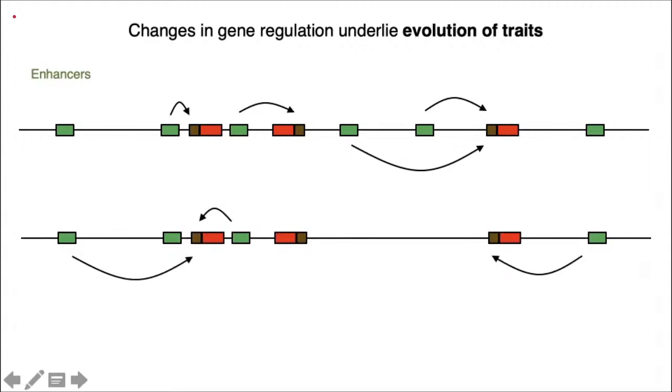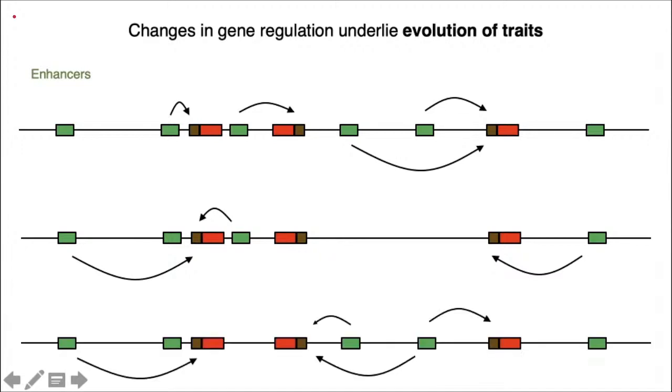We can have the situation that one species has this configuration here, but then it loses certain enhancers, and some enhancers that were maybe not active before become active now, and this will drive the appearance of new traits. You can think of all the ways that this can be reorganized.